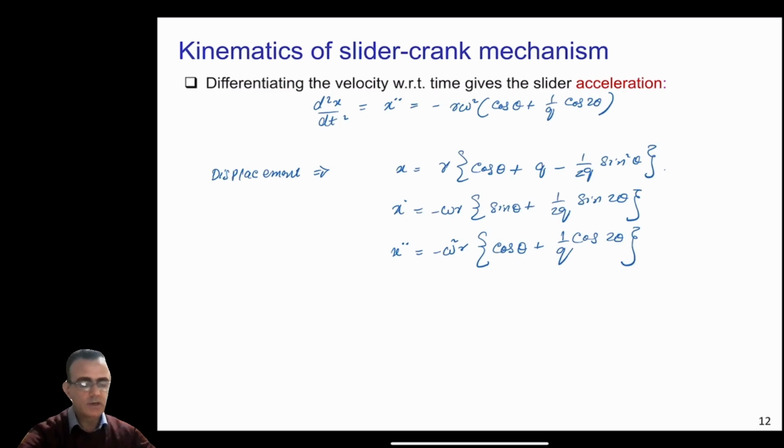These are our three equations. So this is displacement, this is velocity, and this is our acceleration. We have these three equations.